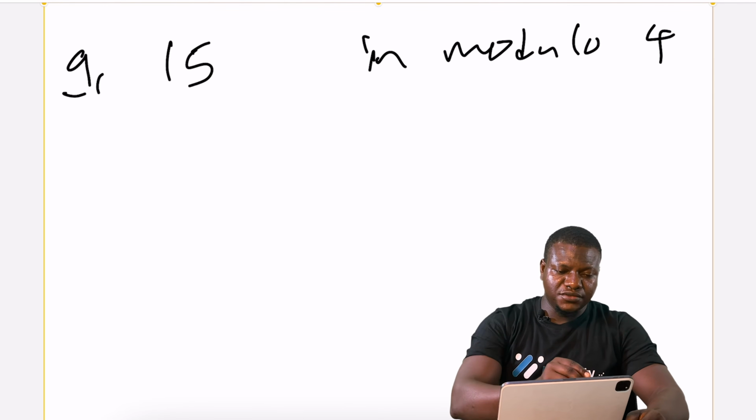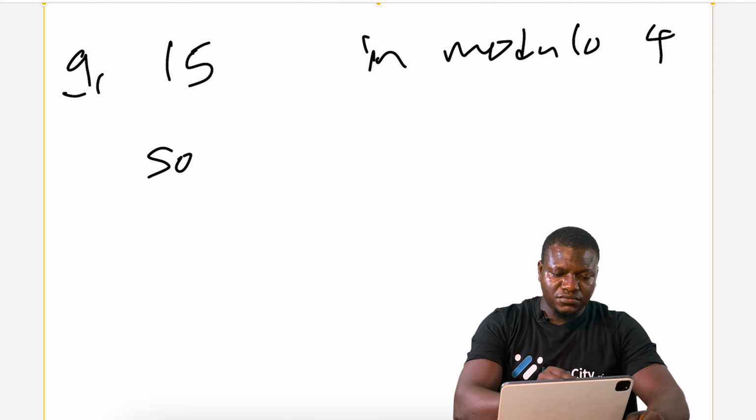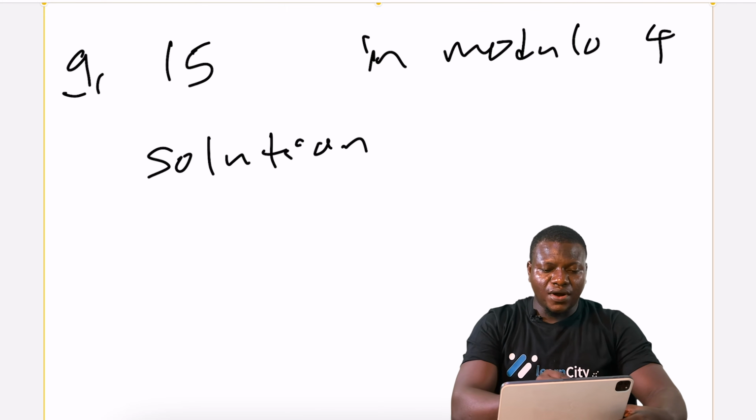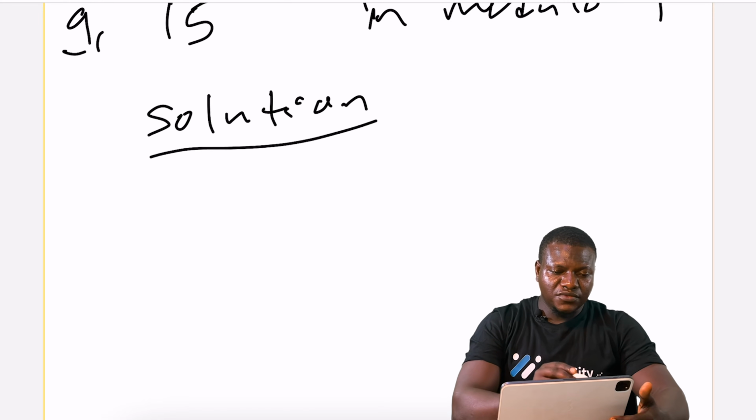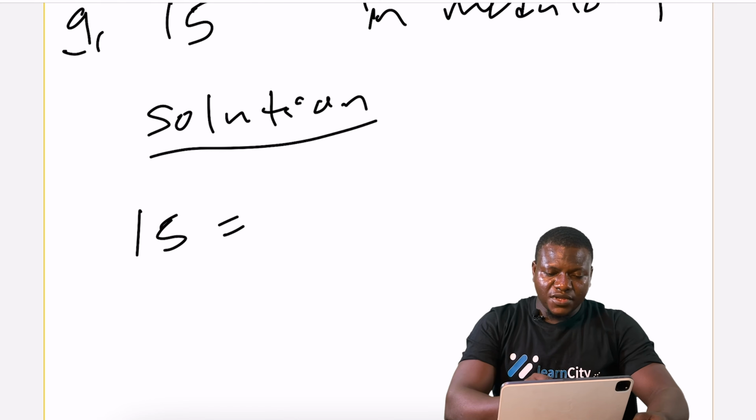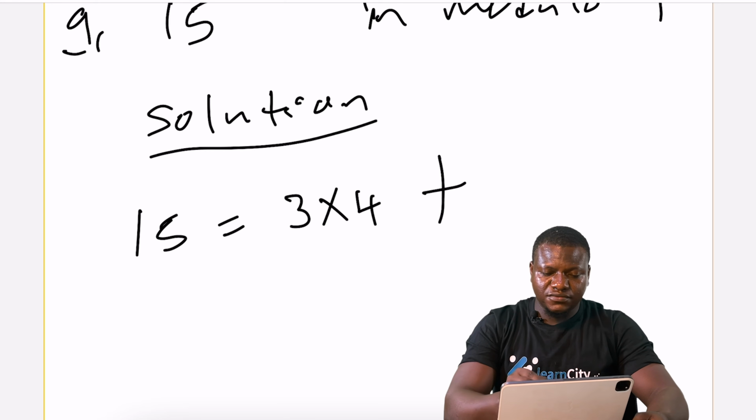Solution: 15 in modulo 4 in its simplest form is 3 times 4 plus 3.